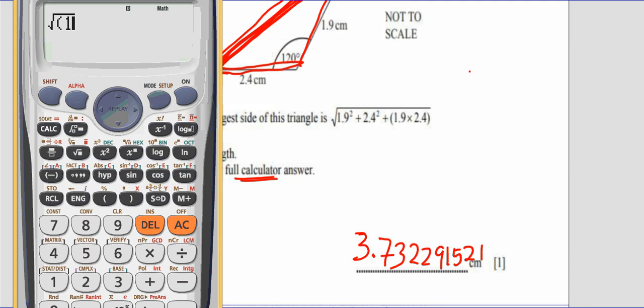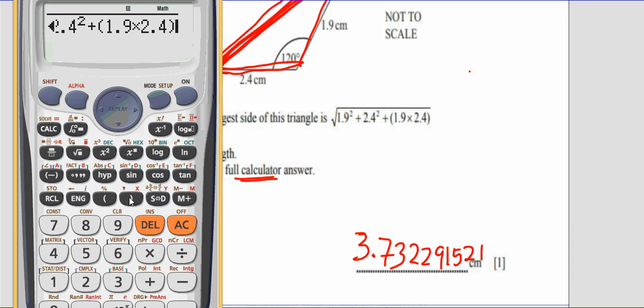1.9 squared, then plus 2.4 squared, then plus, again you open brackets, the brackets which is in the question. So you do 1.9, then times 2.4, then close brackets.